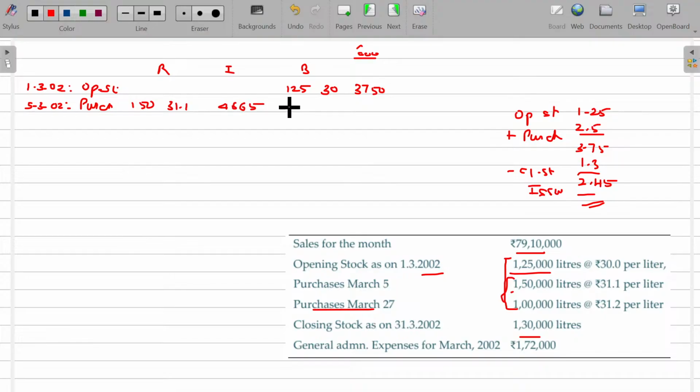Okay, so in the end we have 125 liters at rupees 30, another 150 units at rupees 31.1.